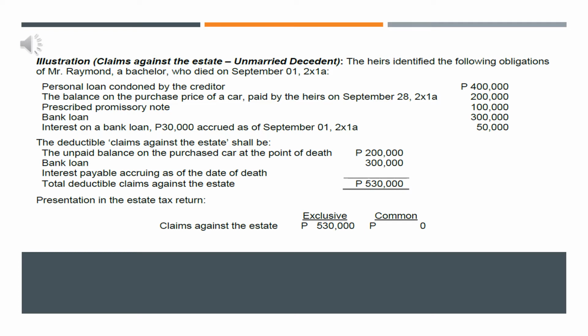Kaya, since personal ito ng decedent, mapupunta ito sa exclusive property. And since unmarried siya, exclusive naman talaga ang property ni Mr. Raymond. So ang claims against the estate must be deductible at the portion ng exclusive property ng decedent.